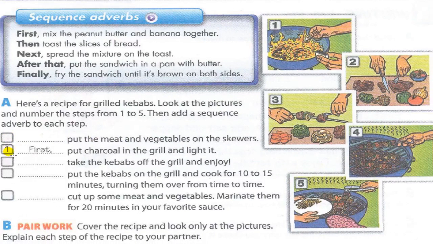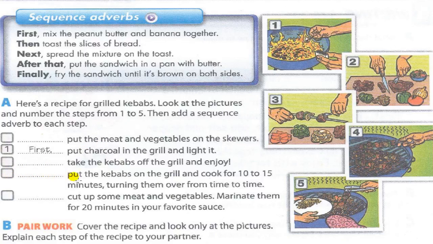Again here, 1, first, put charcoal in the grill and light it. 2, then cut up some meat and vegetables, marinate them for 20 minutes in your favorite sauce. 3, next, put the meat and vegetables on the skewers. 4.